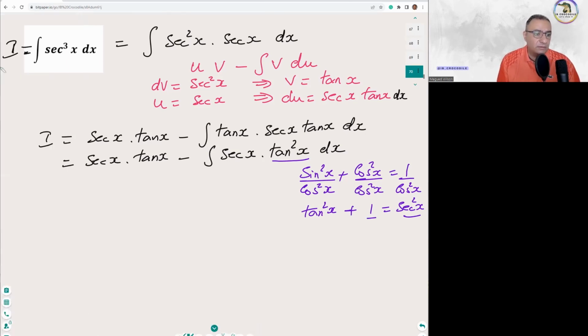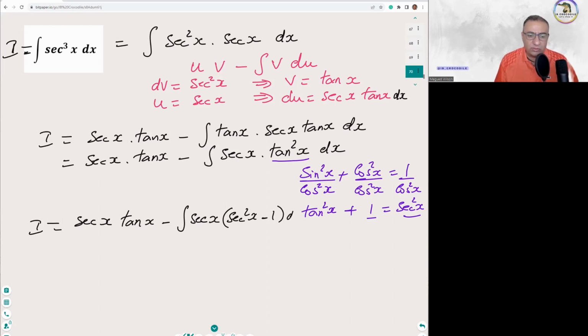So now we have I is going to be sec x tan x minus the integration of sec x, but then I'm going to replace tan squared by sec squared minus 1, using the Pythagorean identity.